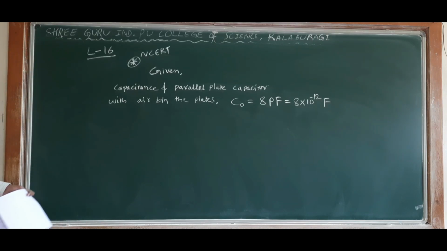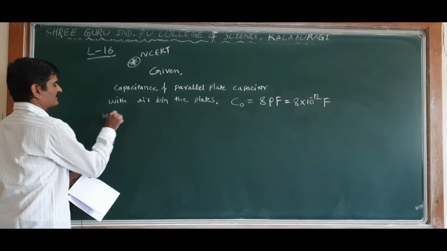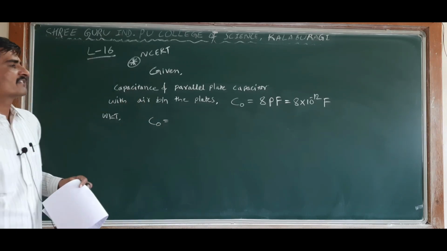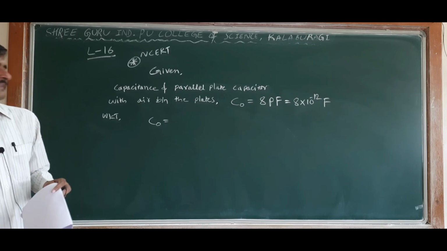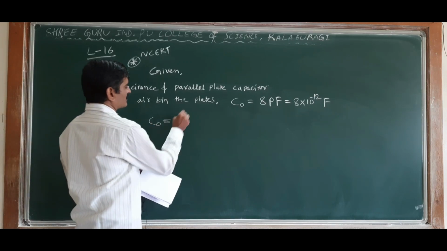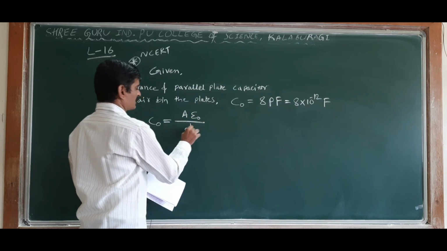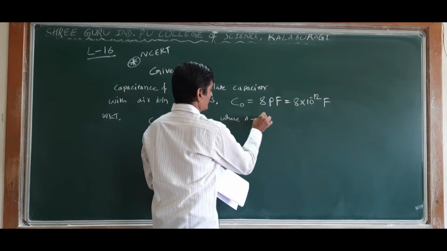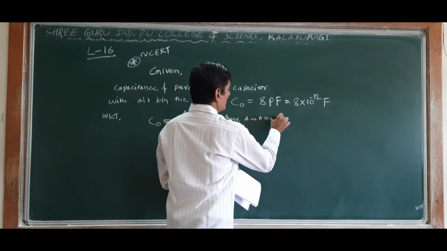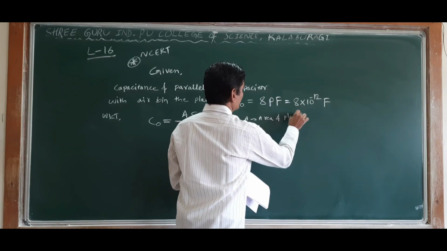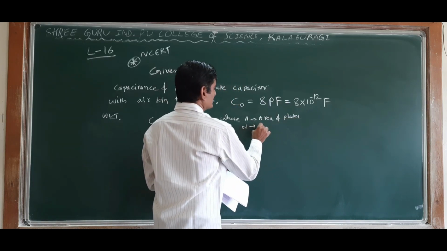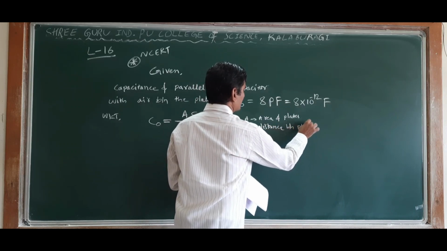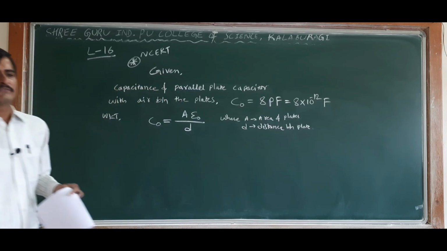Okay. So now we know the formula for capacitance of a parallel plate capacitor with air between the plates is given by C0 is equal to A epsilon naught divided by D, where A is the area of each plate, D is the distance between the plates, and epsilon naught is the absolute permittivity of free space.